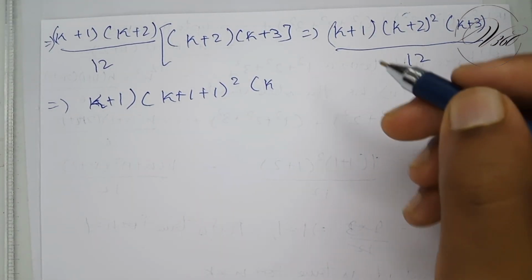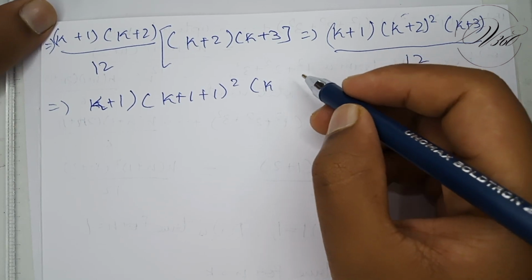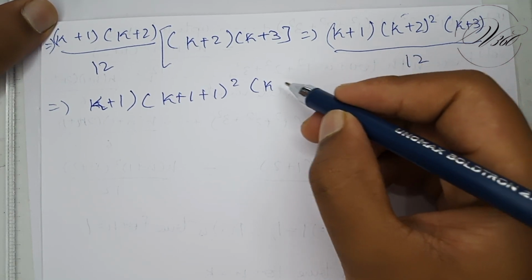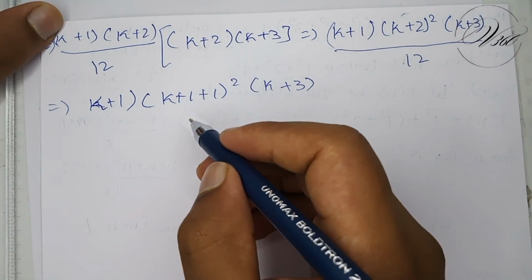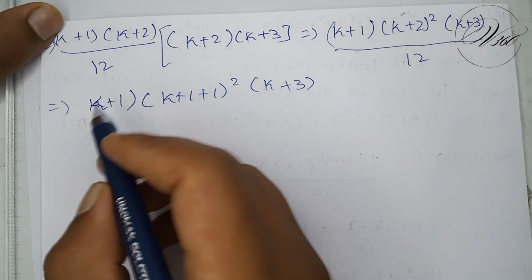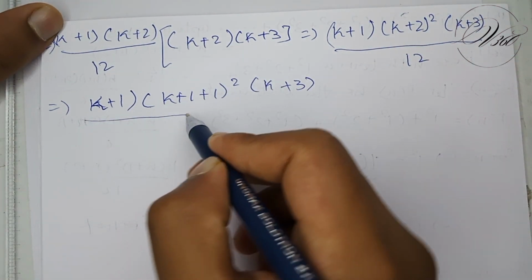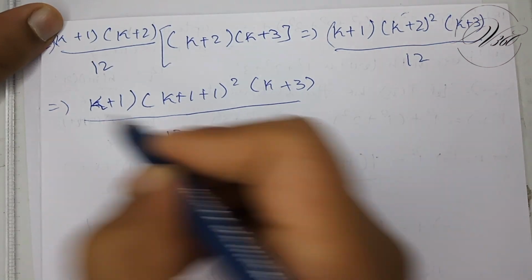Here we will get k plus 1 plus 1 whole square of k plus 3 by 12.